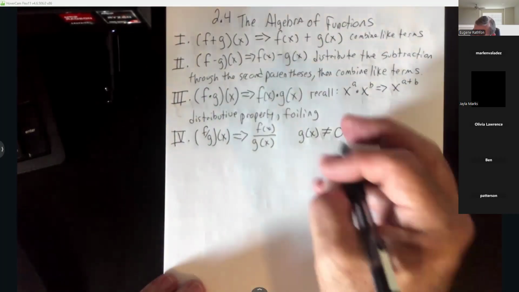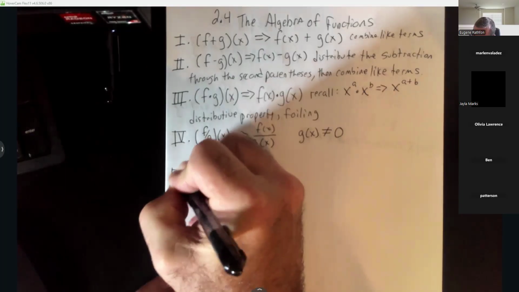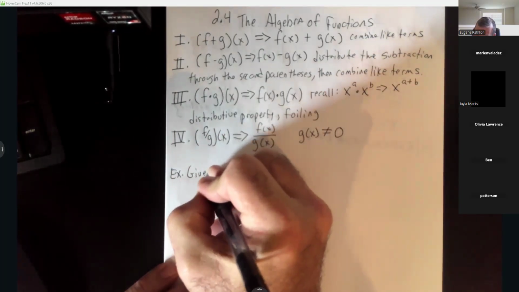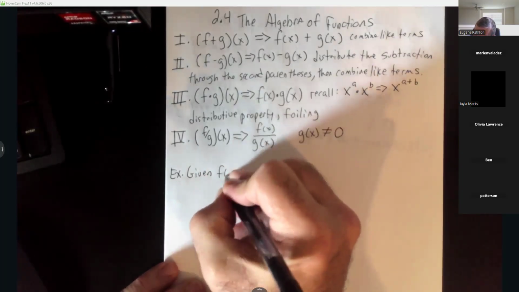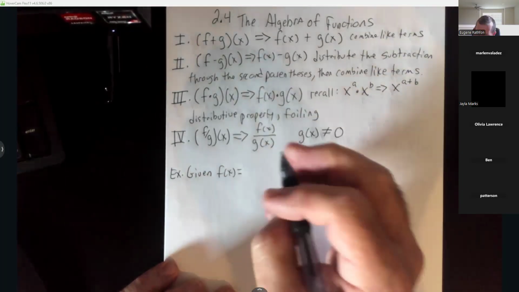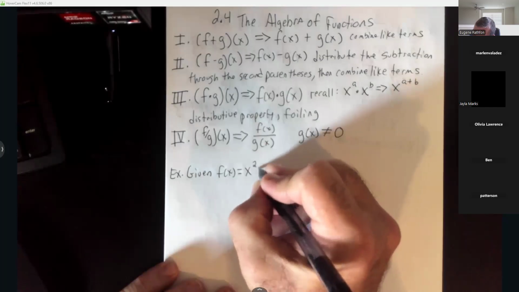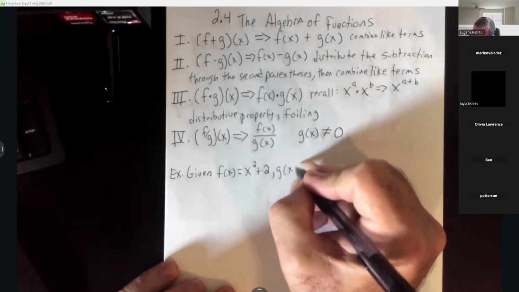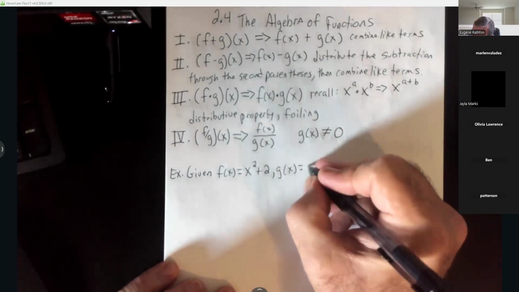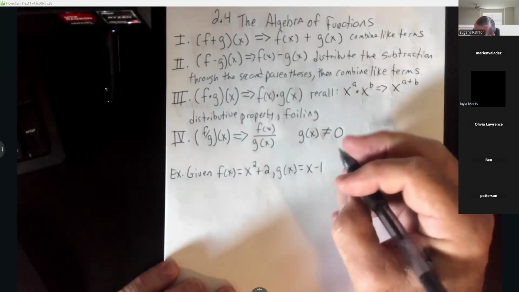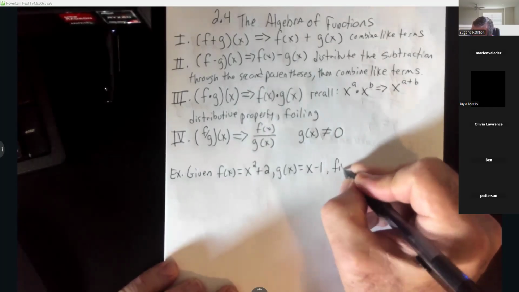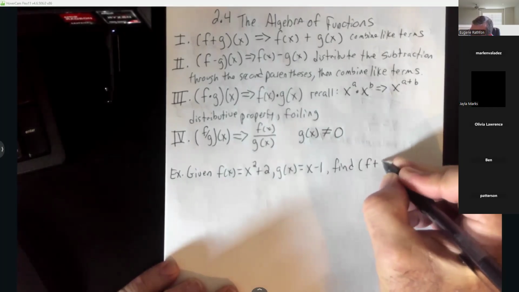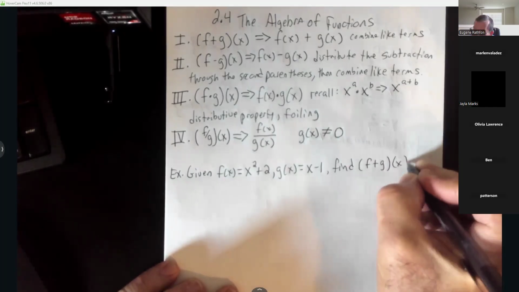So, y'all, let me show you how these examples will go. So, this first one says, given f of x equals x squared plus 2, g of x equals x minus 1. They want me to find f plus g of x.